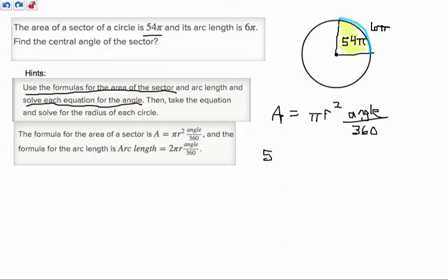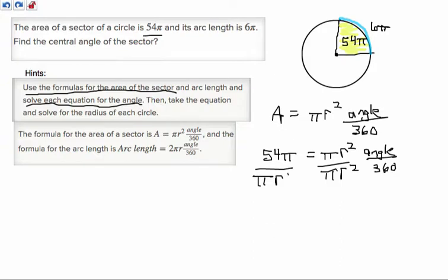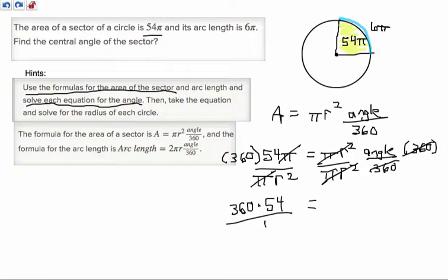We're given that the area of that sector is 54 pi. We're going to divide both sides of this equation by pi radius squared because we want to isolate angle. And then we're going to multiply both sides of the equation by 360. We're left with 360 times, and the pi's cancel, times 54 over r squared equals the angle.